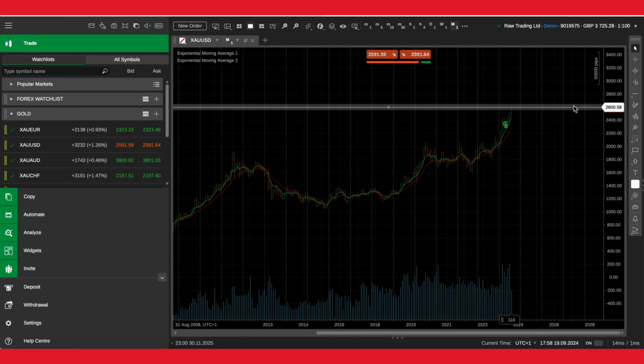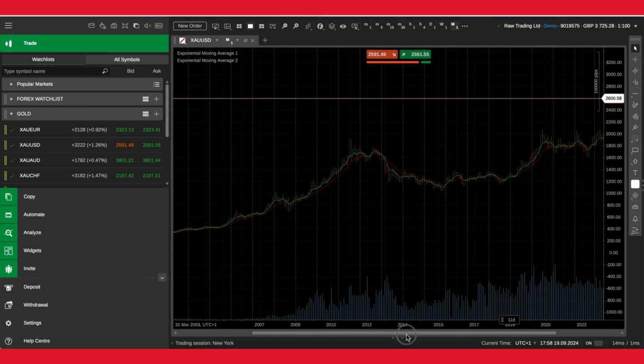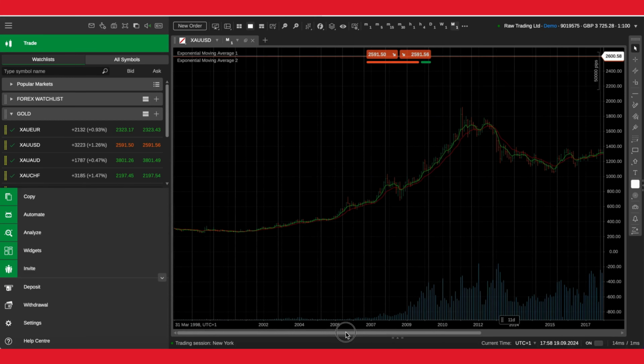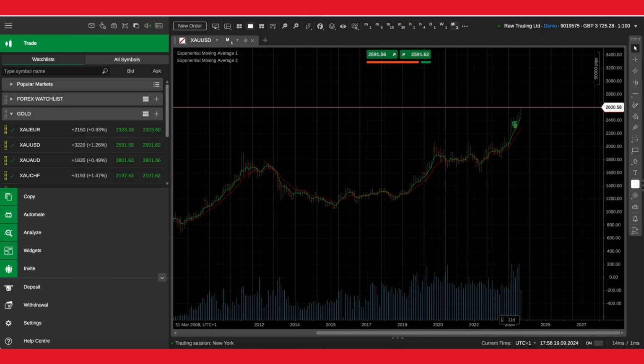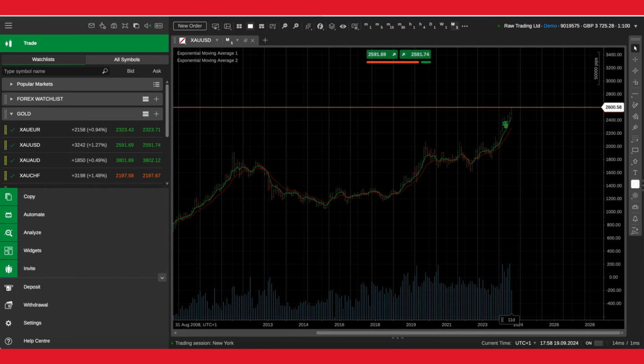You can see where I've marked where price reached yesterday, and it is record breaking. Look at that, I've gone all the way back to 1998. Price has never reached anywhere near that before. So really one to watch and to consider moving forward in terms of the outputs of gold in the coming days and weeks.